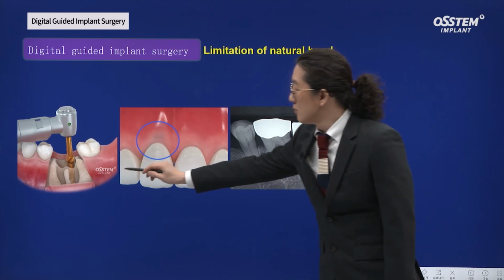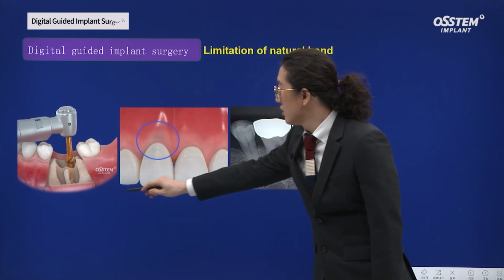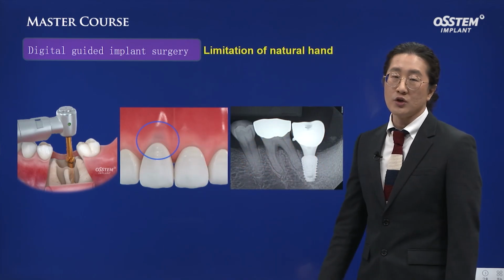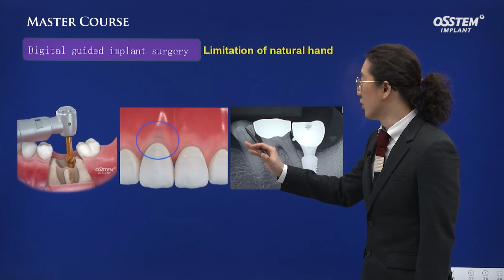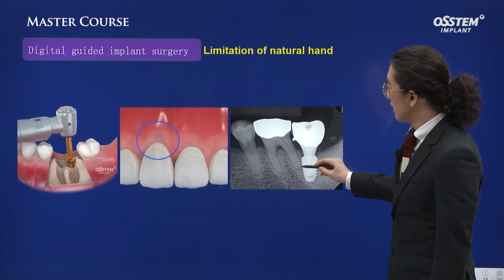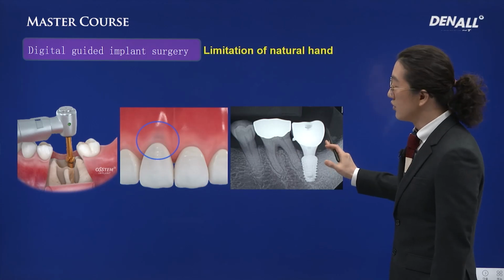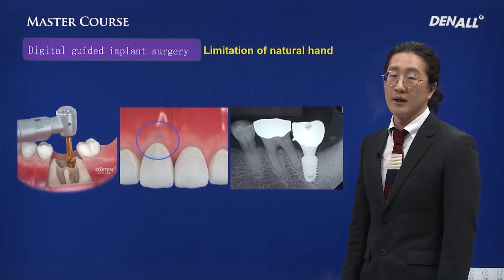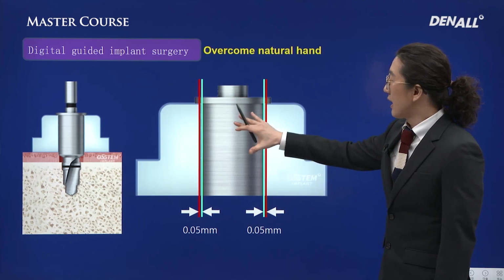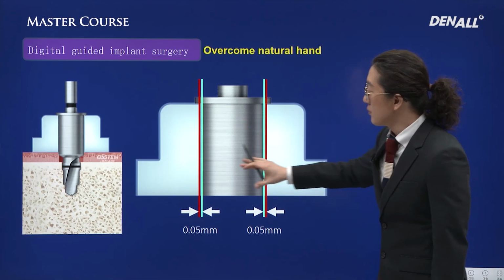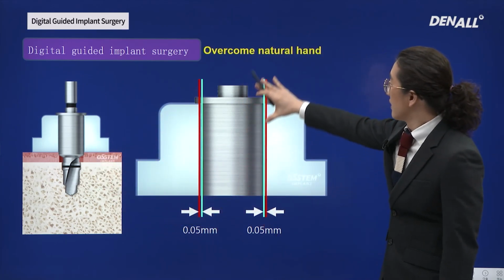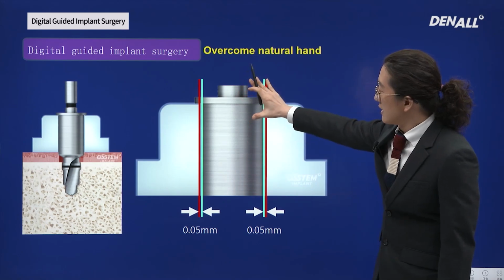When placing implant in an area which requires precise control, such as immediate implant placement in the posterior area or upper anterior area, you can inadvertently touch upon the adjacent tooth or make other kinds of mistakes. If you look at the guide template, the template hole and guide barrel all help us overcome the fundamental limitations of manual work.